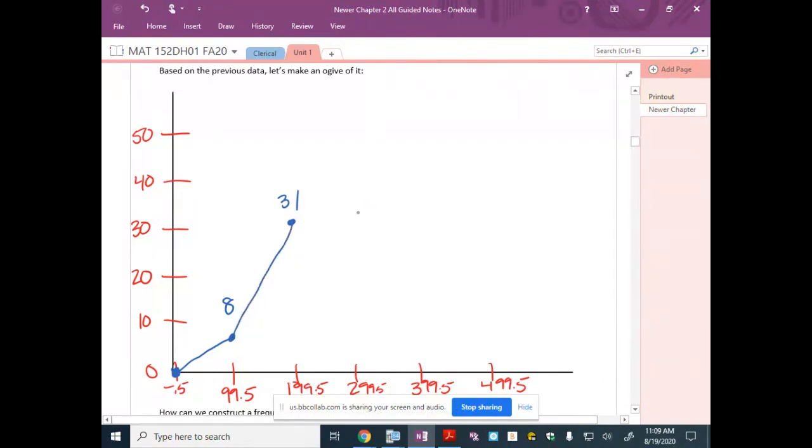How about the next frequency, cumulative? 42. So the steepest line is obviously this one. And then it was 48. And then 50.